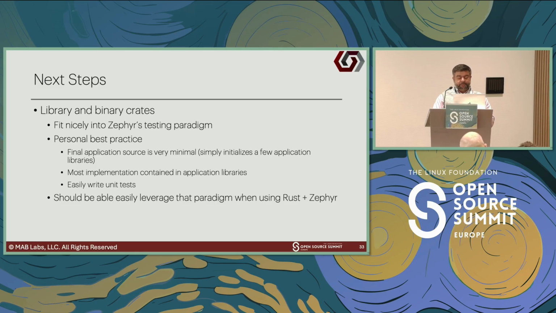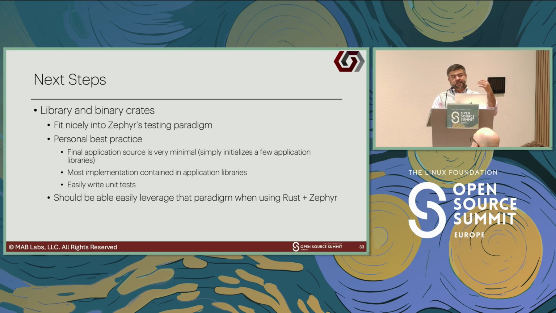So the next step that's really interesting to me is this whole concept of, so again, if you're familiar with Rust, you know that there's a concept of library and binary crates. One of the most fascinating things, and one of the biggest reasons I really enjoy using Zephyr, is the testing paradigm. So again, a personal best practice that I usually leverage in all my Zephyr applications is that my application source is very minimal, right?